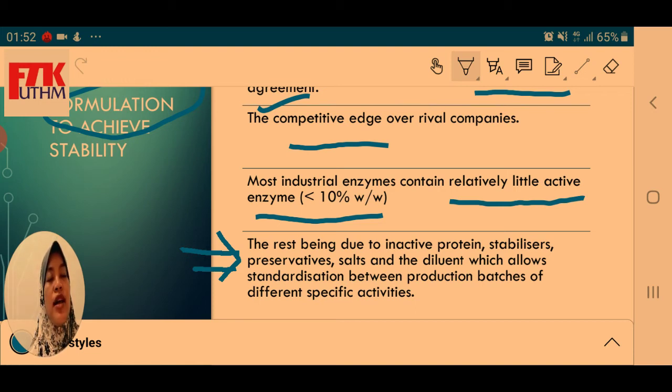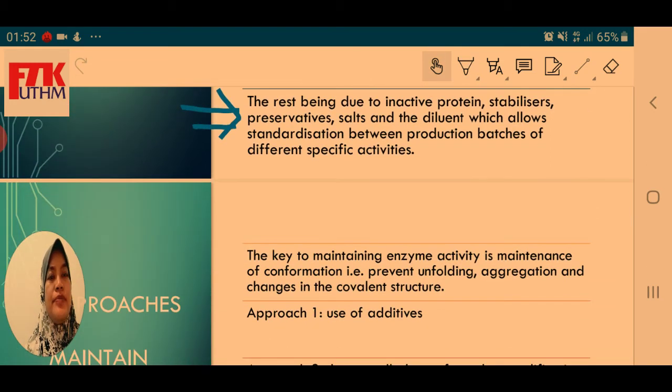This will allow standardization between different batches of enzyme produced by the same manufacturer.